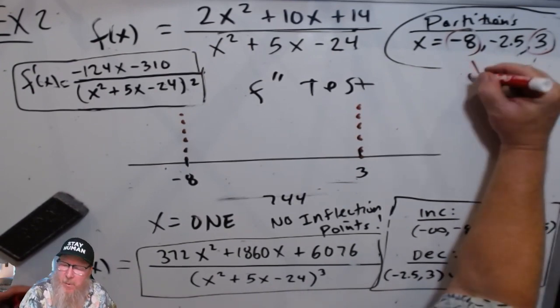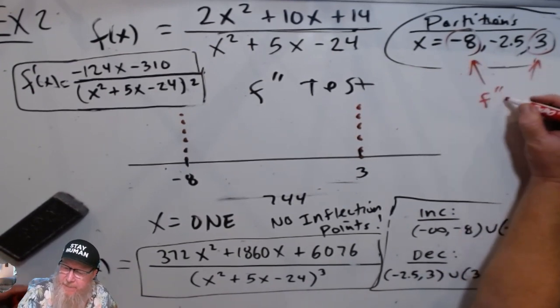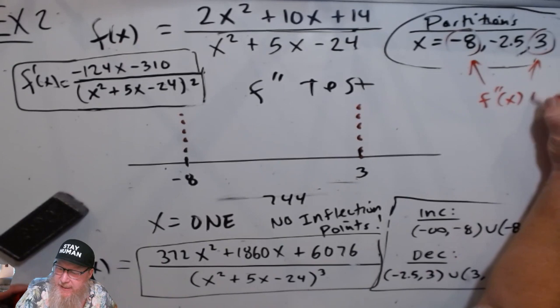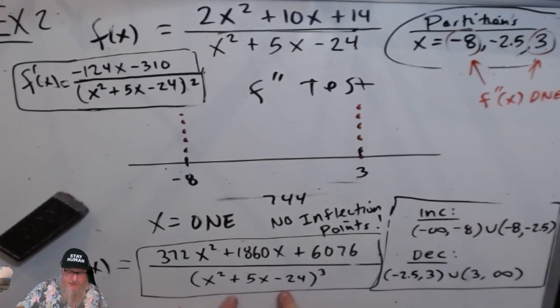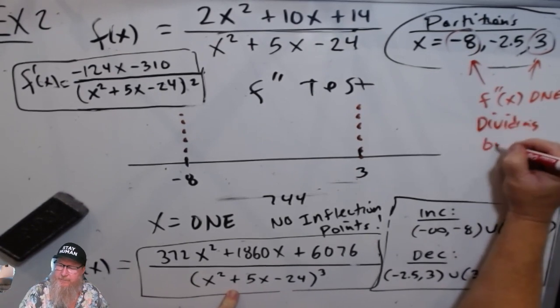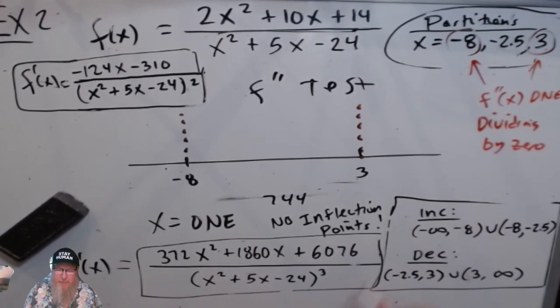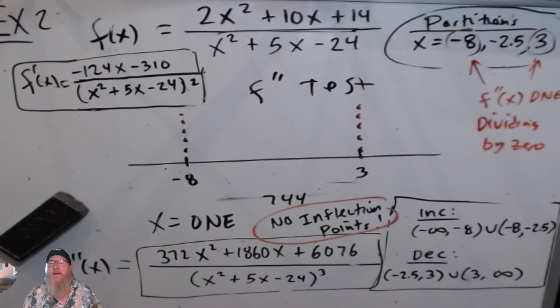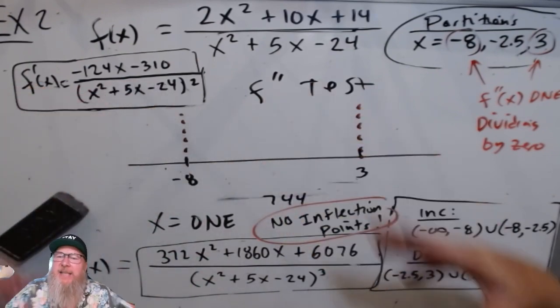Yeah, because these are points where f double prime of x does not exist, right? Because you're dividing by 0.